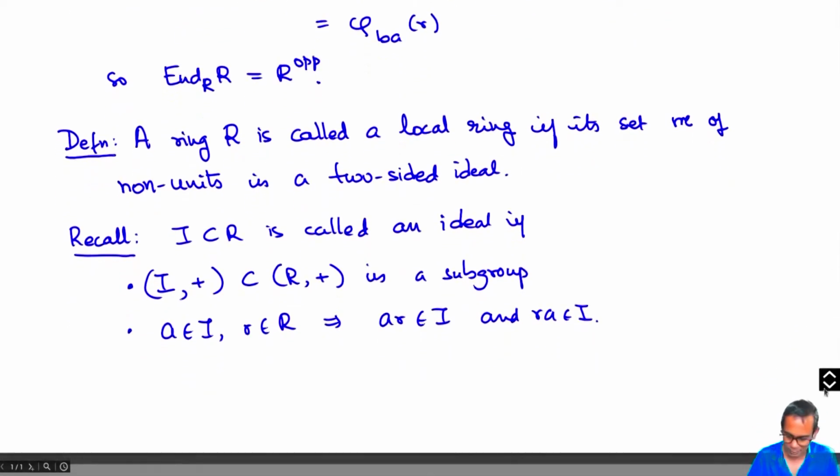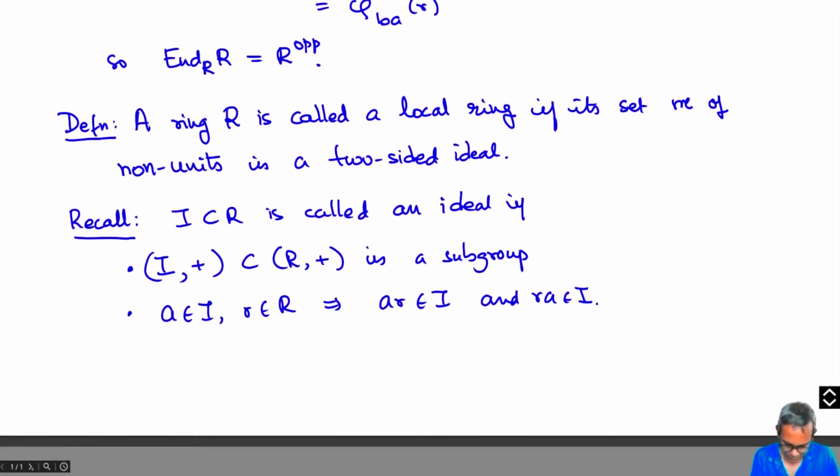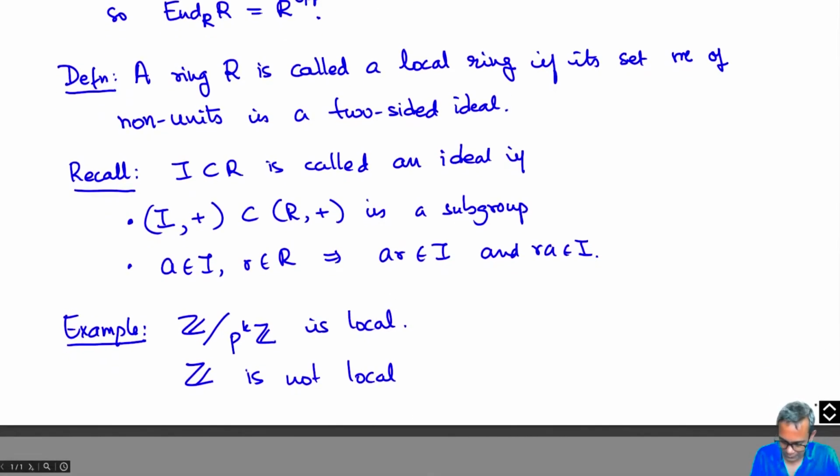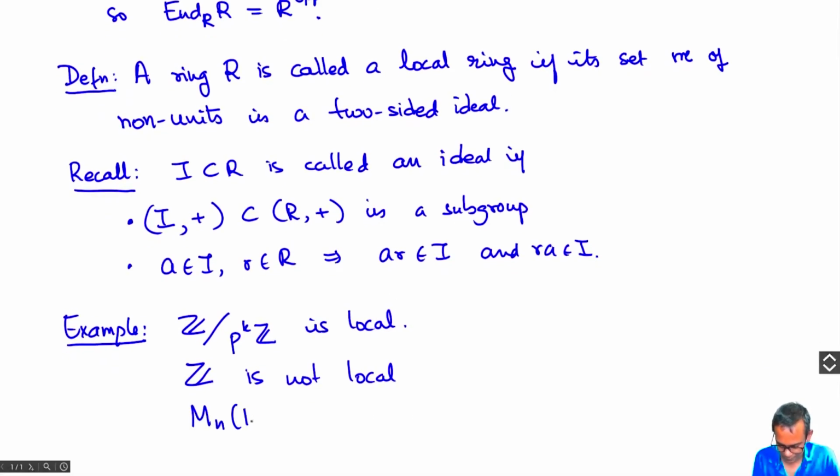Okay, so let's just look at some examples to fix this notion. Z mod p^k Z is local. The non-units are precisely the elements which are multiples of p, and so they form an ideal here. Z is not local. And matrices, let's just stick to fields for now.